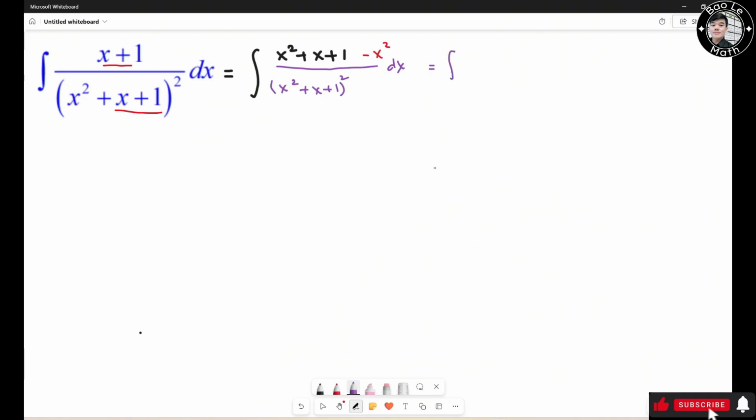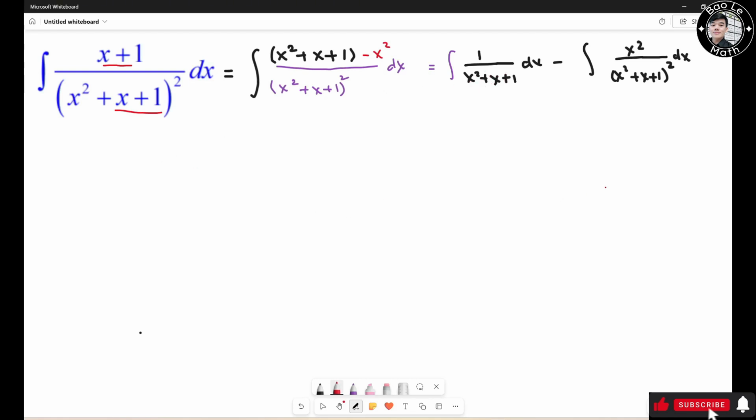So it turns out to be the integral of 1 over s squared plus s plus 1 ds minus the integral of s squared over s squared plus s plus 1 altogether square ds. Now for this first one, we need to turn the denominator into a complete square.